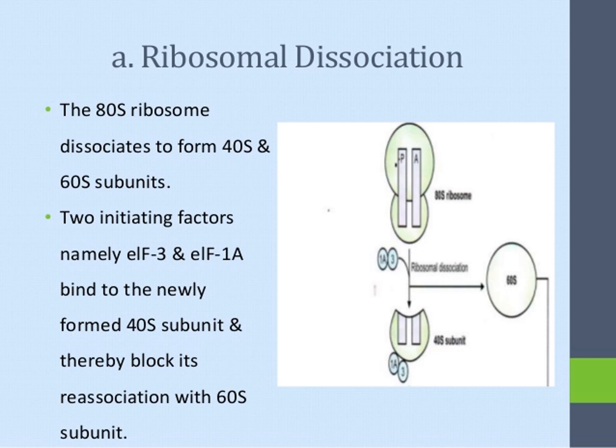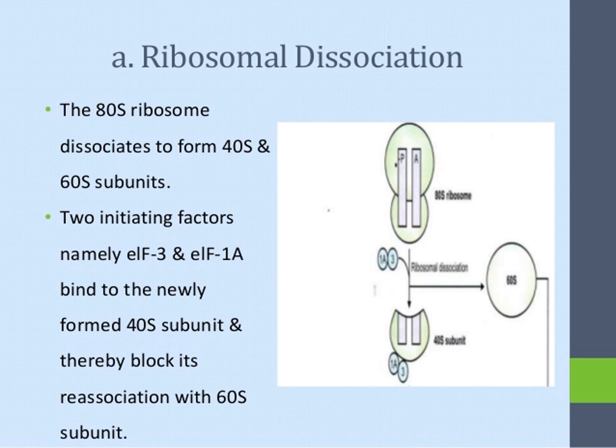Two initiation factors, EIF3 and EIF1A, EIF meaning eukaryotic initiation factor, will bind to the 40S subunit of the ribosome, and thereby block the binding of the 60S subunit at the starting point.